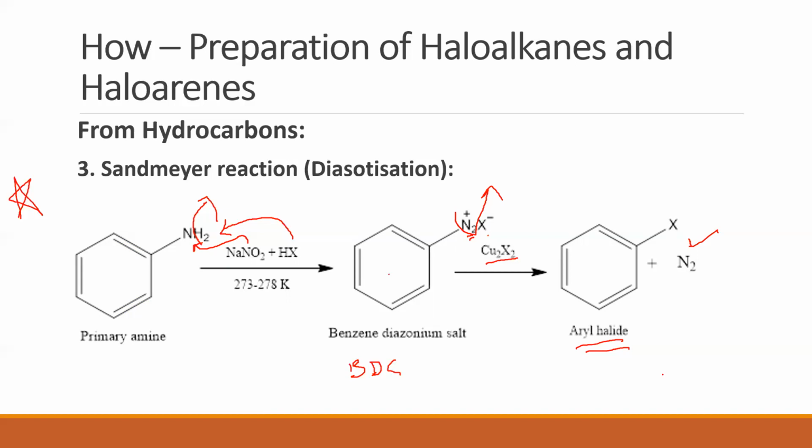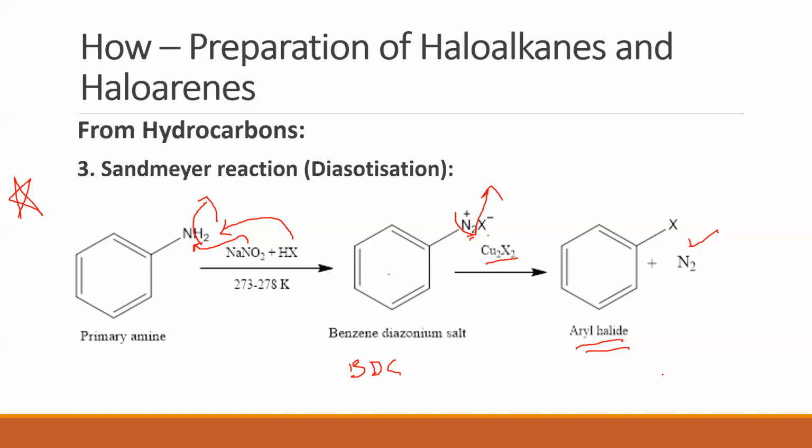Now let us understand Sandmeyer reaction once again. In Sandmeyer reaction, we start with a primary amine. This primary amine is made to react with NaNO2 and HCl at 0 degrees to 5 degrees Celsius, or 273 to 278 Kelvin. When these two react, the product obtained is benzene diazonium chloride, or BDC.